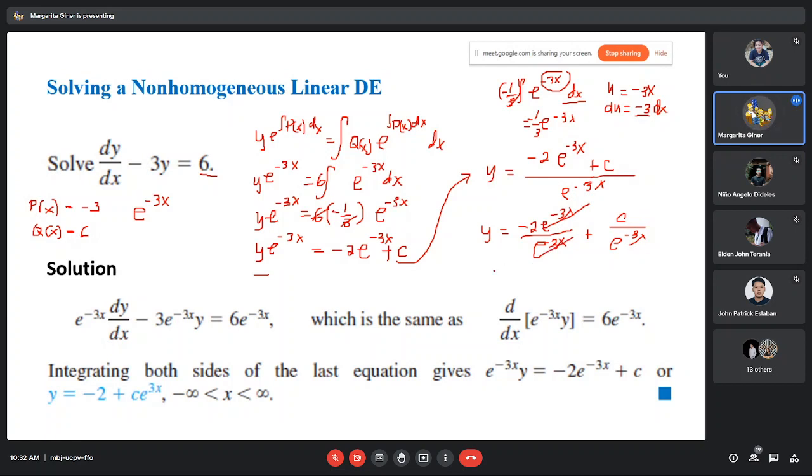Okay? So, that's why your answer here will be negative 2, cancel out, plus the c transposed, since the negative exponent goes to the denominator, you can write c e raised to positive 3x. So, this will be your final answer.